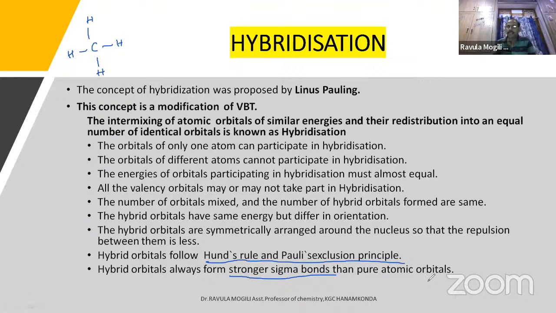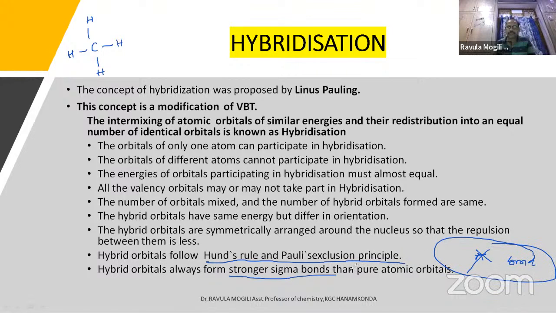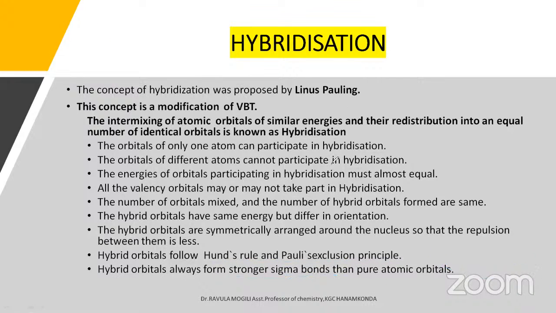Hybridized orbitals cannot form pi bonds; only sigma bonds are formed. So this is regarding the hybridization concept.